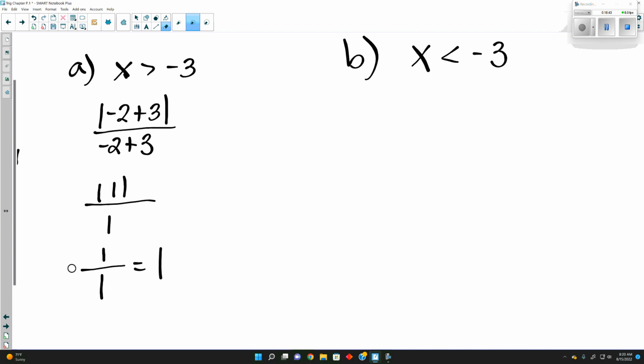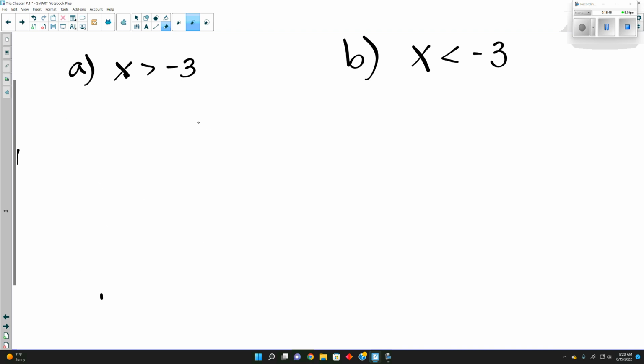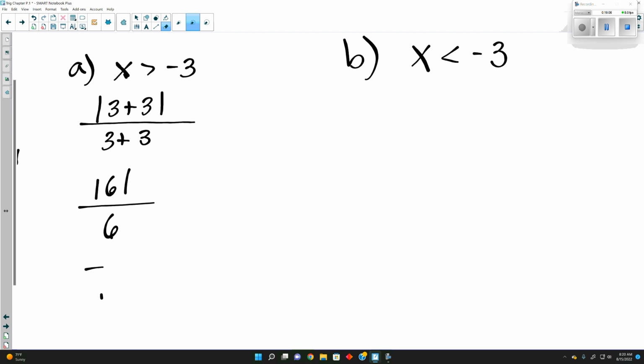But, okay, that's kind of interesting. Does it work always? I mean, we could say 3. Because 3 is definitely greater than -3, yes? So on top we'd have the absolute value of 3 plus 3, which is going to be the absolute value of 6. On bottom, 3 plus 3 is 6.